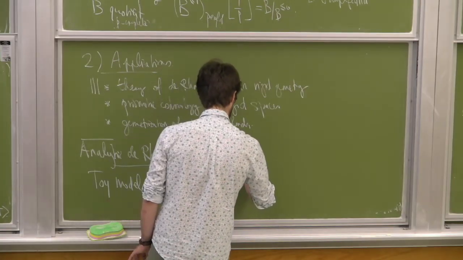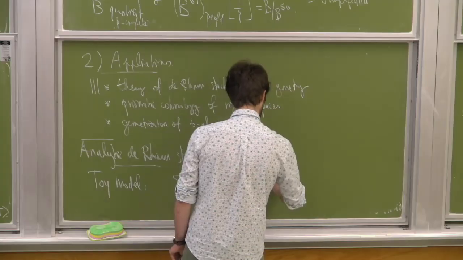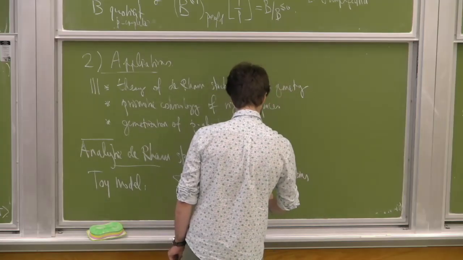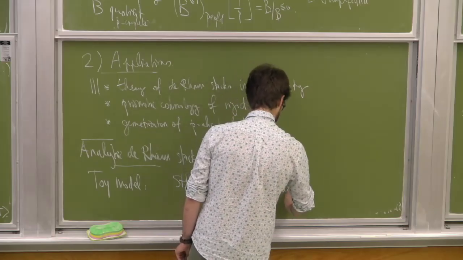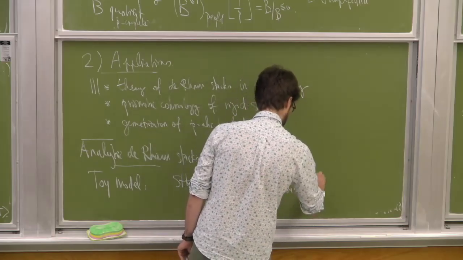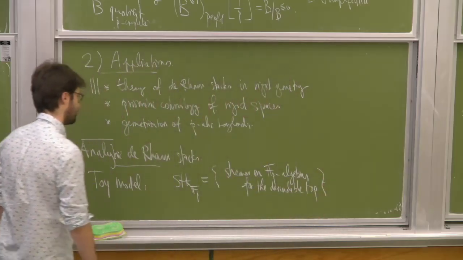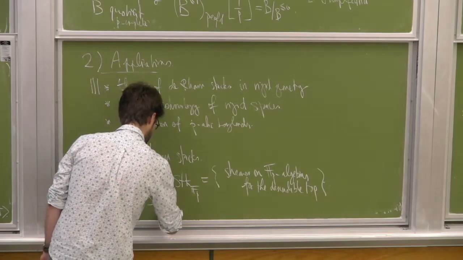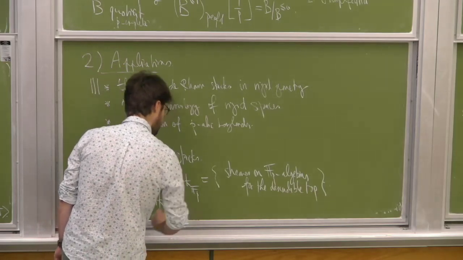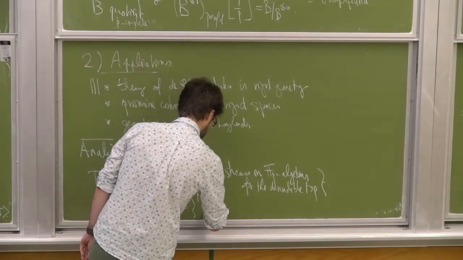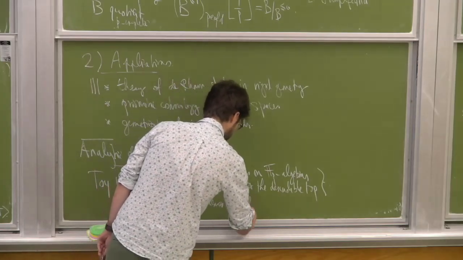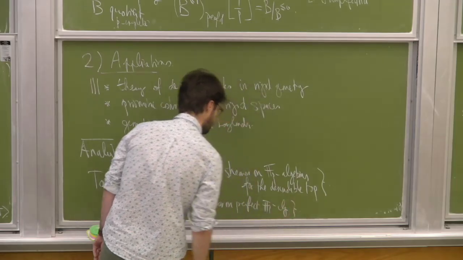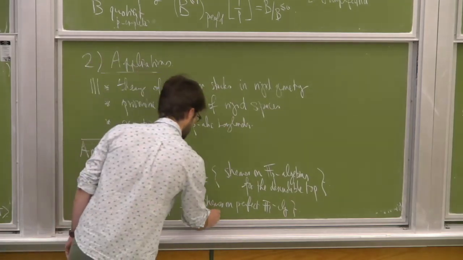Something like sheaves on F_p-algebras for the descendable topology. And I will introduce a perfect variant where I do the same, but I only consider perfect algebras, for the same topology.